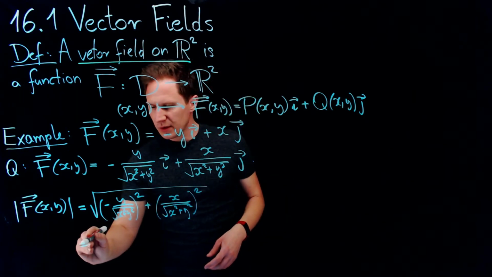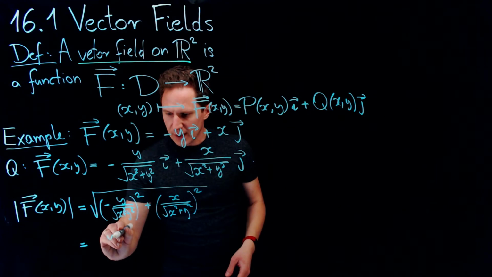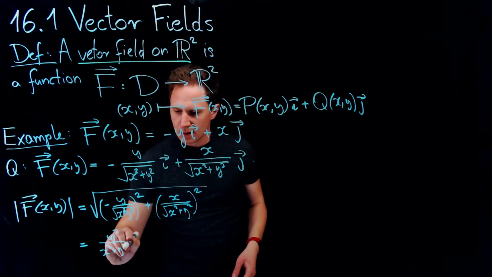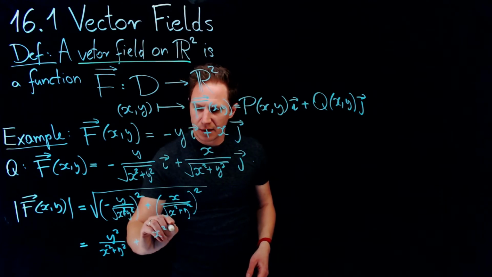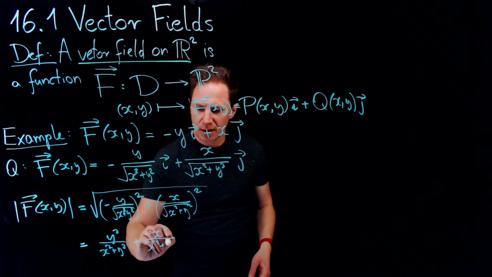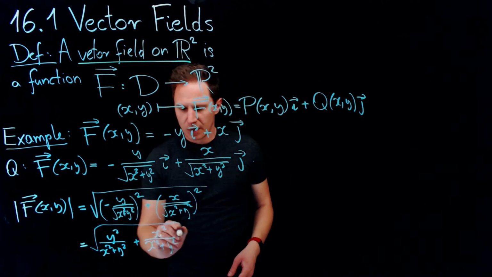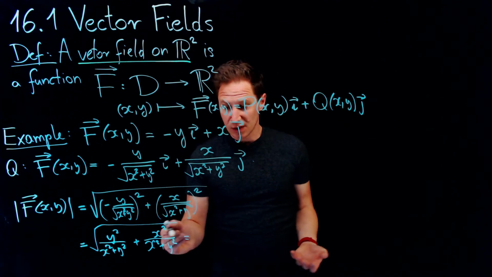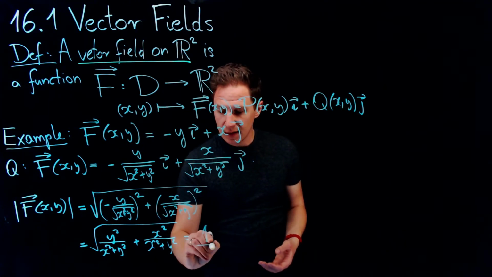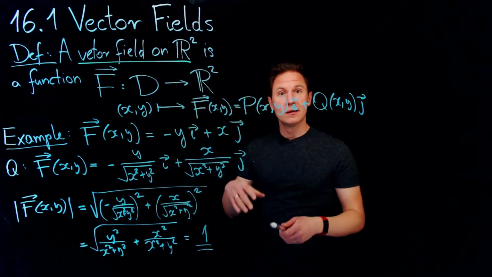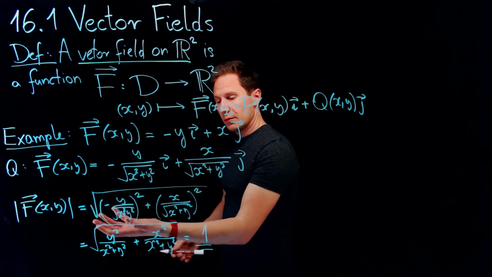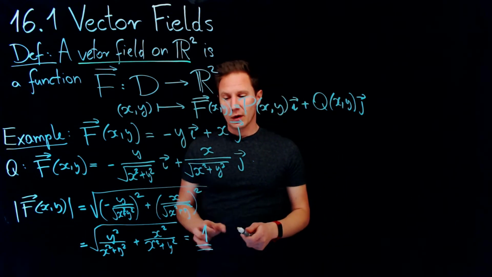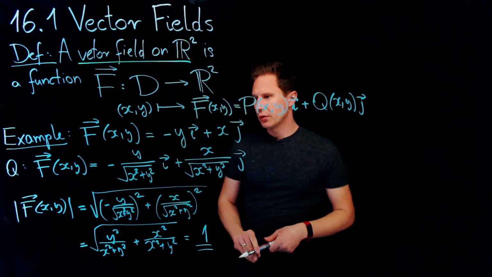If we do that, we get y squared over x squared plus y squared plus x squared over x squared plus y squared under the square root. But if you look carefully, this is just x squared plus y squared over x squared plus y squared, so that's just 1. So indeed, at every point in the plane, we assign a unit vector. So it was the third option that was correct.